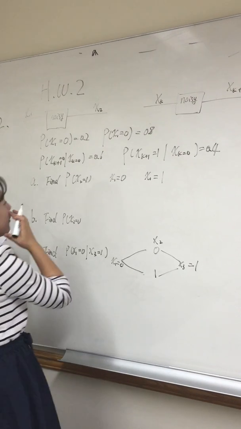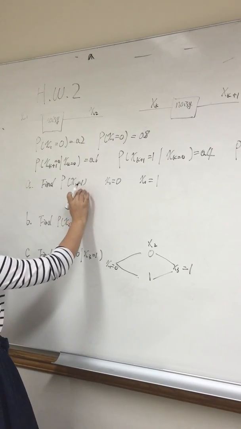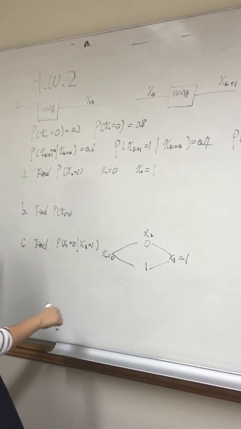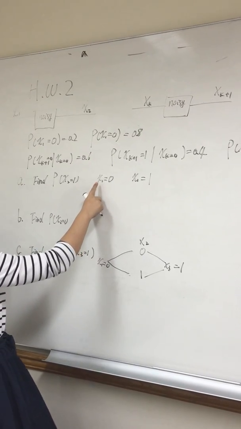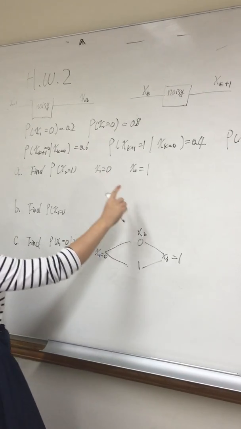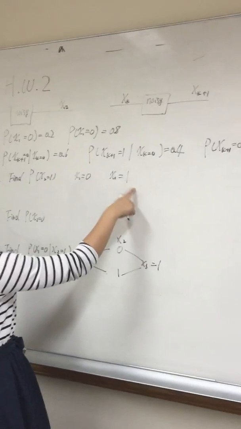Now we have to think about it. When x2 equals 1, there are two kinds of probabilities. The first one is x1 equals 0, and the second one is x1 equals 1.